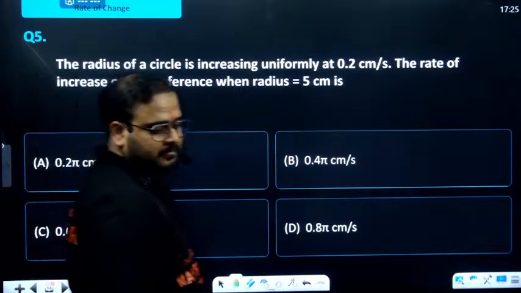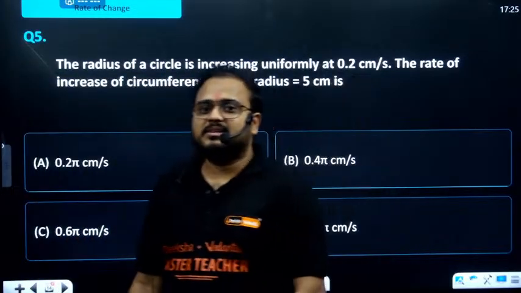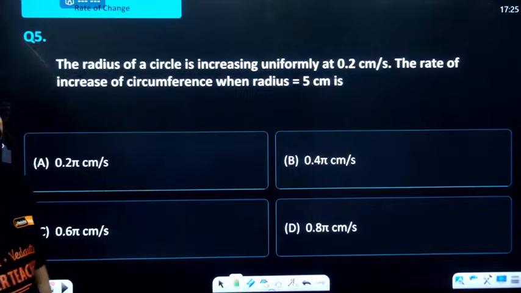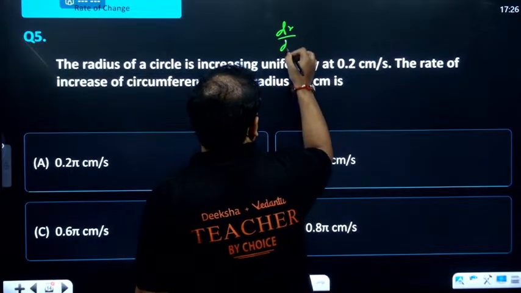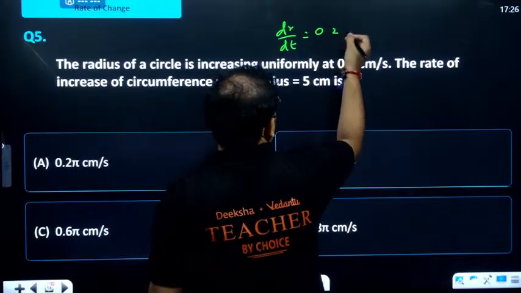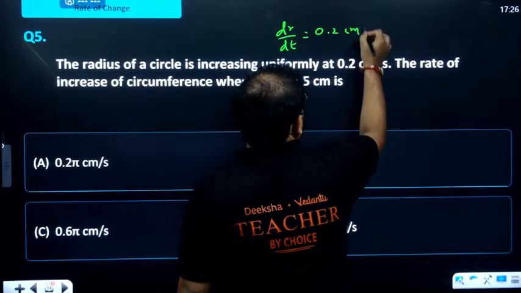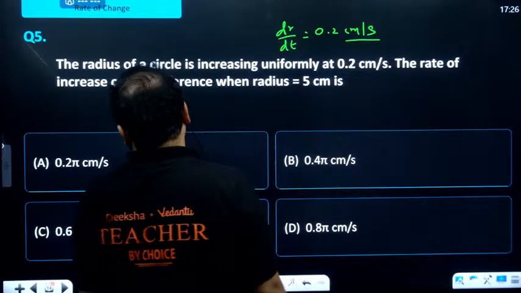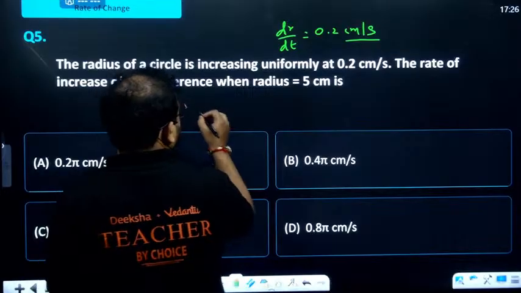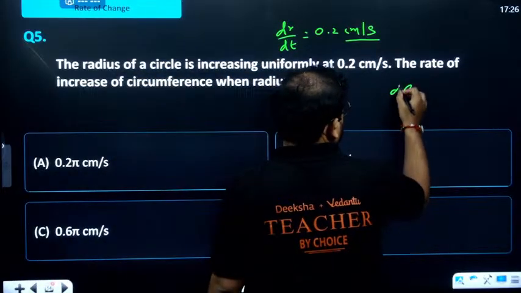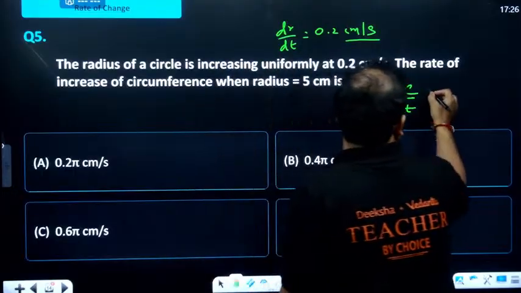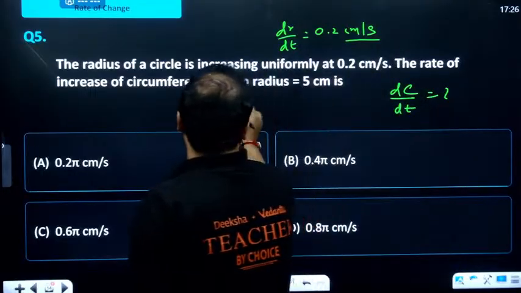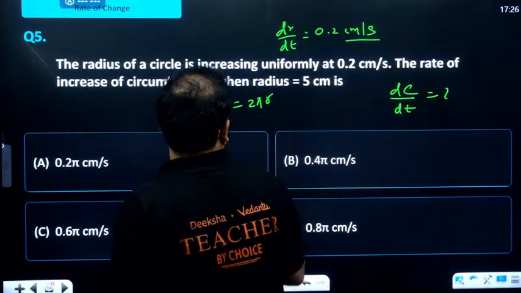Question number 5. The radius of a circle is increasing uniformly at 0.2 centimeter per second. They're saying rate of change of radius is given. dr by dt is given as 0.2 centimeters per second. They're asking for the rate of increase of circumference, dC by dt. Circumference is given by 2 pi r.